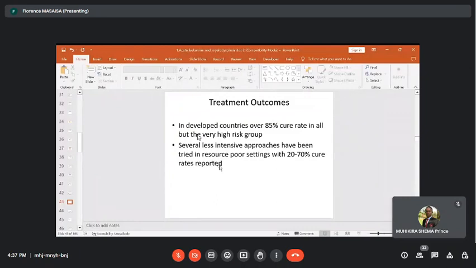So outcome: in developing countries, the cure rate is 80% overall, but there is a high risk group. Then several less intensive approaches have been tried in poor-resource settings, where cure rates of 20 to 70% can be found.